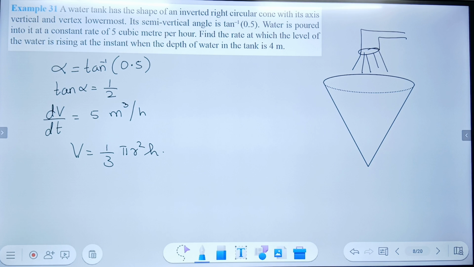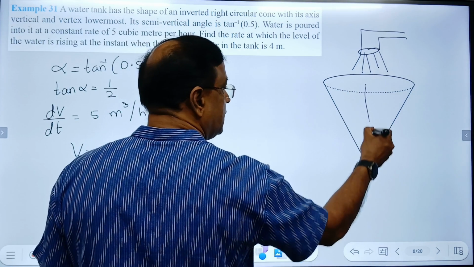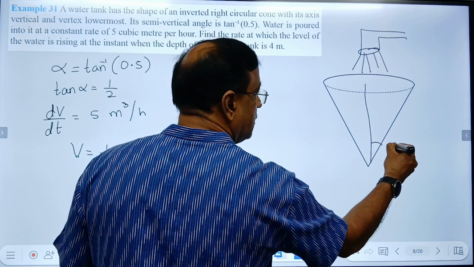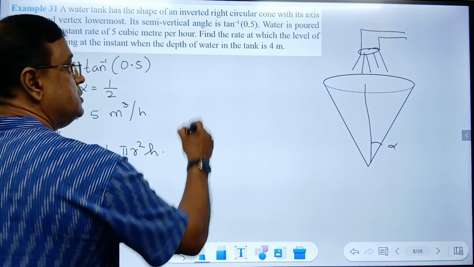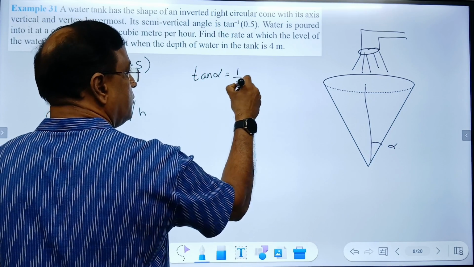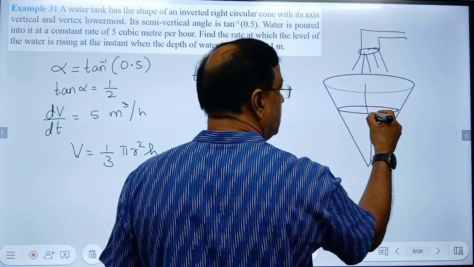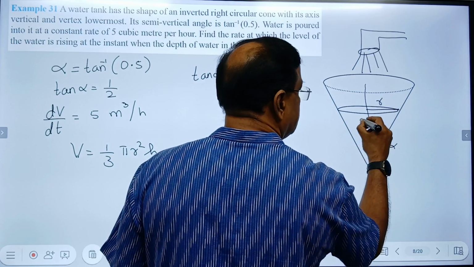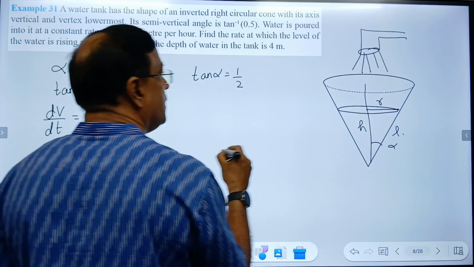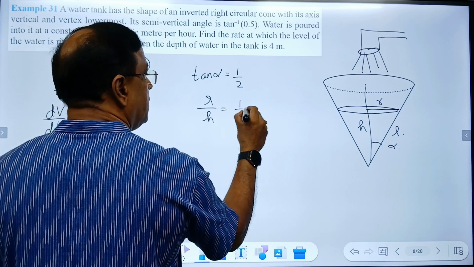Now from here, this is called the semi-vertical angle, right? It is clearly given that tan alpha is 1 by 2. Imagine the water is somewhere here when you're pouring. This is R, this is H, this is the slant height. What is tan alpha? R by H equal to 1 by 2.